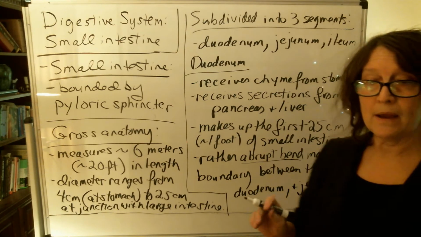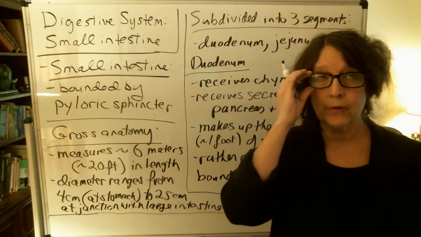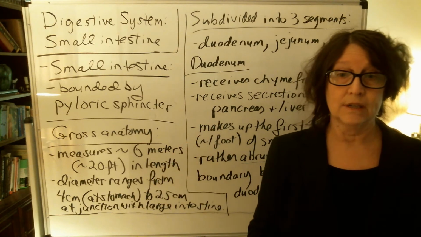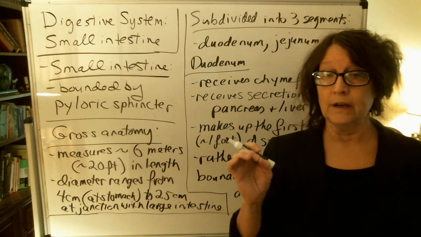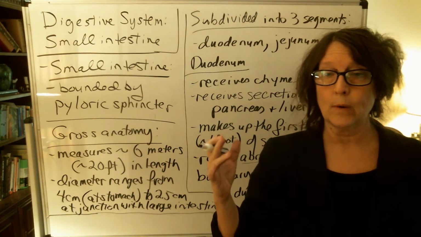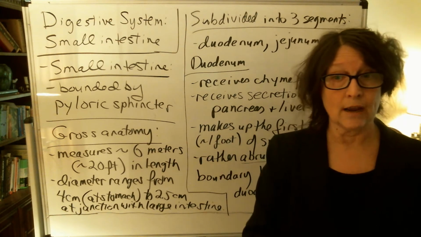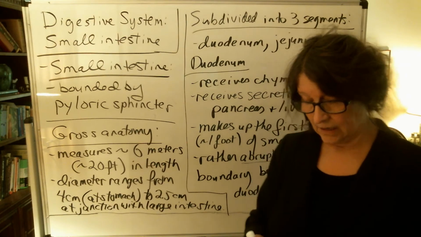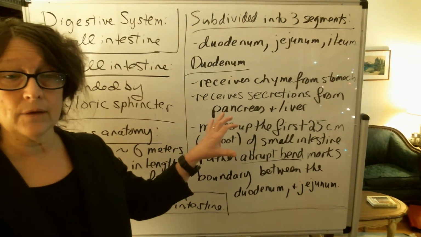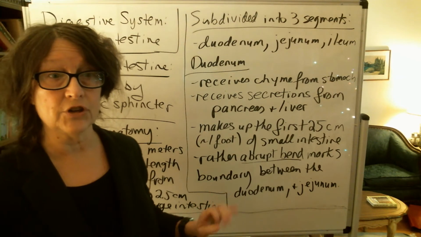Now, the boundary is really just something that we note. There's no sphincter there or anything like that. It's a continuous organ. It's just kind of our way of understanding and talking about the small intestine. So that bend is where we stop talking about the duodenum and start talking about the jejunum.